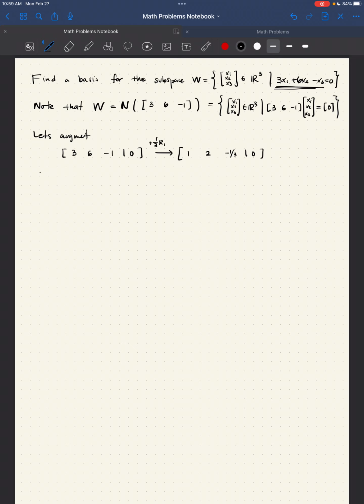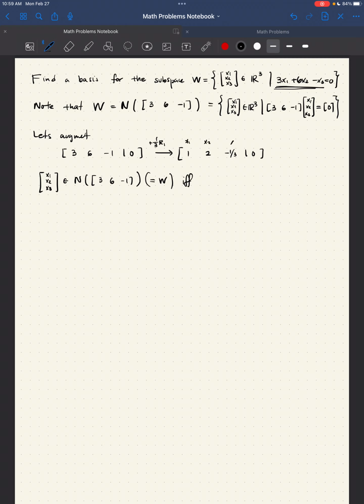From this one, indicate the following. You have that a vector x1, x2, x3 belongs to the null space of this matrix, which is nothing else but W itself, if and only if the entries of this vector satisfy this equation.